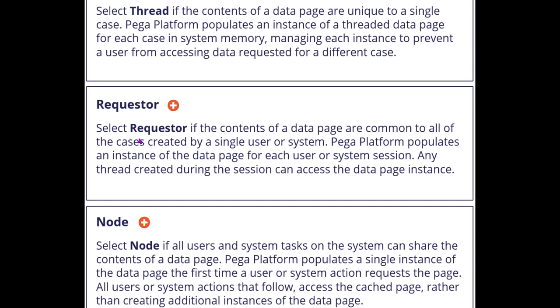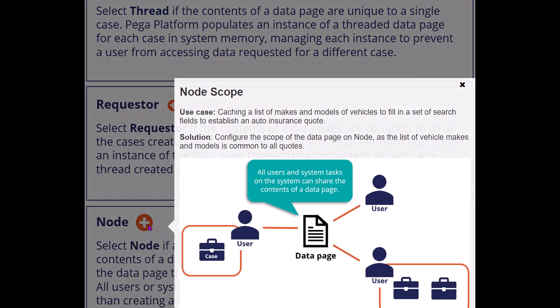So if you want to reuse any data in this data page across multiple service cases among the same requester session, then you can select requester scope. If you want to reuse data across the system, across different requester sessions, across different users in your entire node, then you have to use node level data page.